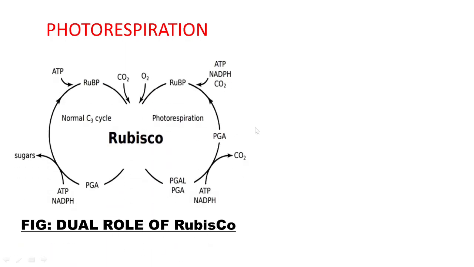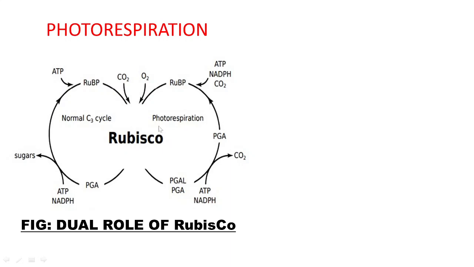The Rubisco enzyme, as you have already seen, is very important for absorption of carbon dioxide and then getting converted to phosphoglyceric acid during the Calvin cycle. The full form of Rubisco is ribulose biphosphate carboxylase oxygenase.